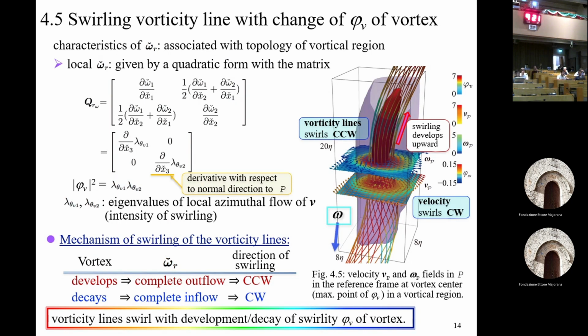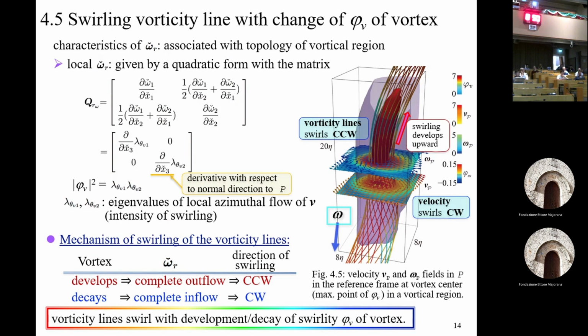And then in the vortex space, these components can be expressed by this form. So the non-diagonal component becomes 0, and the diagonal component is expressed by the derivative of eigenvalues of the radial azimuthal component of vortical flow with respect to the normal direction to the swirl plane.